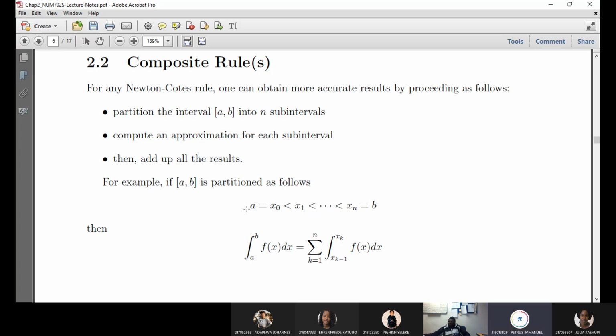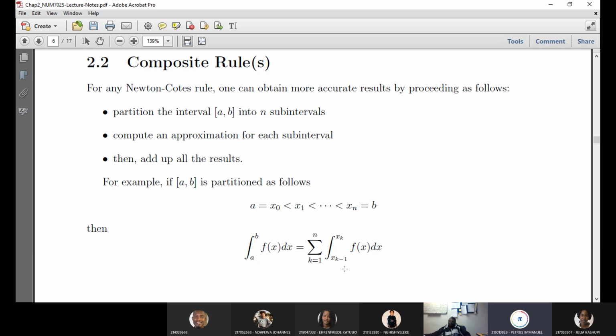And now you can see that over this partition, our definite integral from a to b, f of x dx, can be written as a sum of the integral over each subinterval of the partition. So this integral can be broken into smaller subintervals, and then we sum them up.